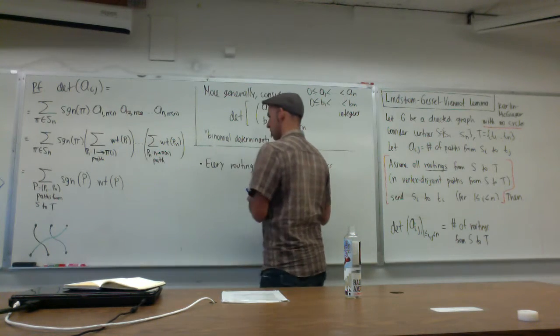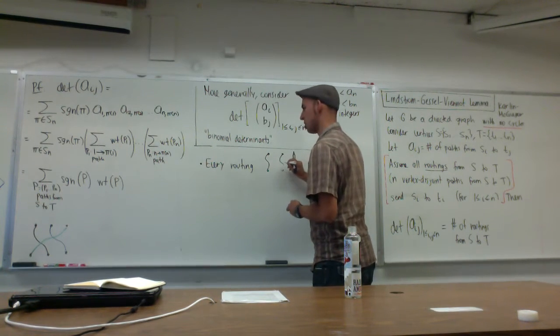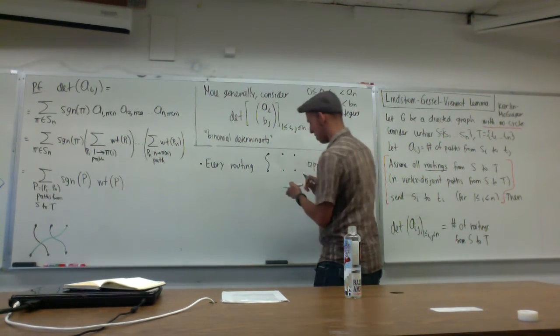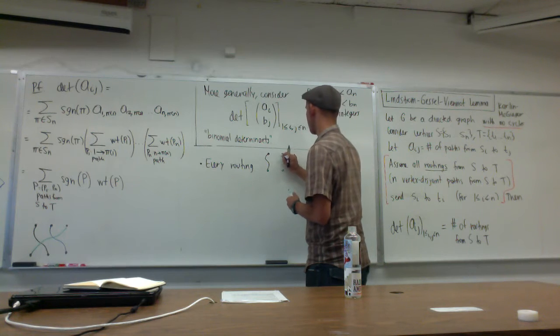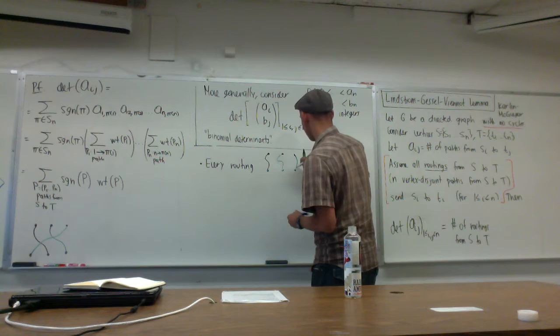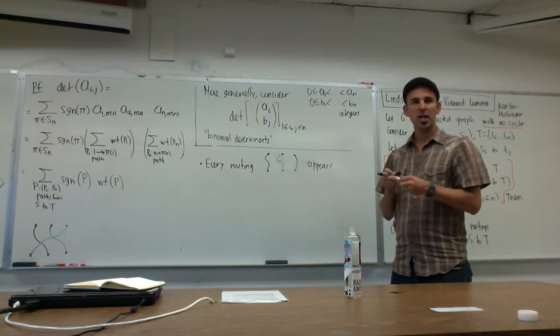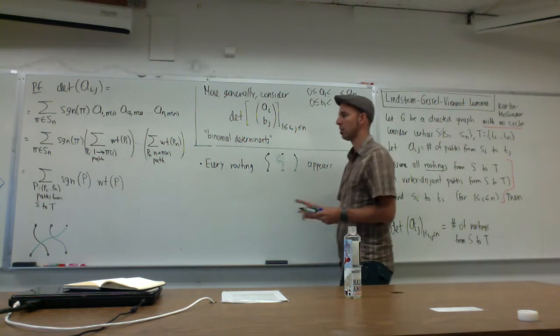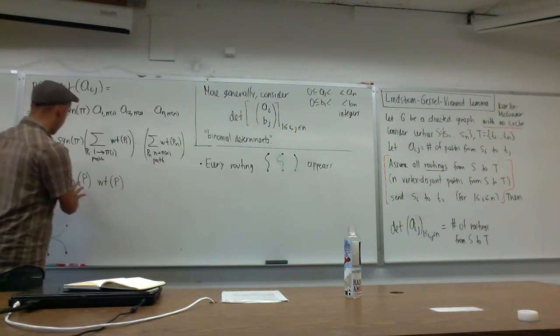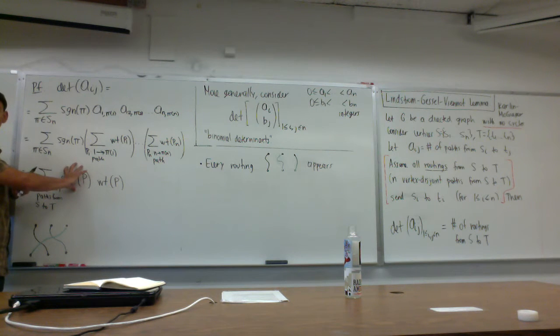It's something like this. Every routing is one of the terms, right? And like I said, because this maps Si to Ti, we get the identity permutation, and so it comes with a positive sign, which is how I want it. So every routing appears with the correct weight, and what I have to show is that everything else cancels out.